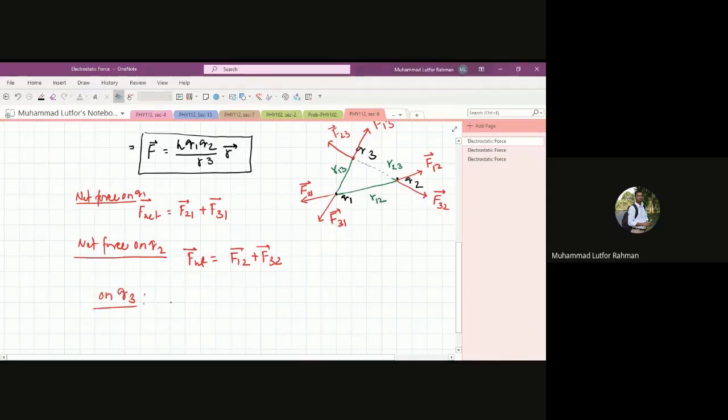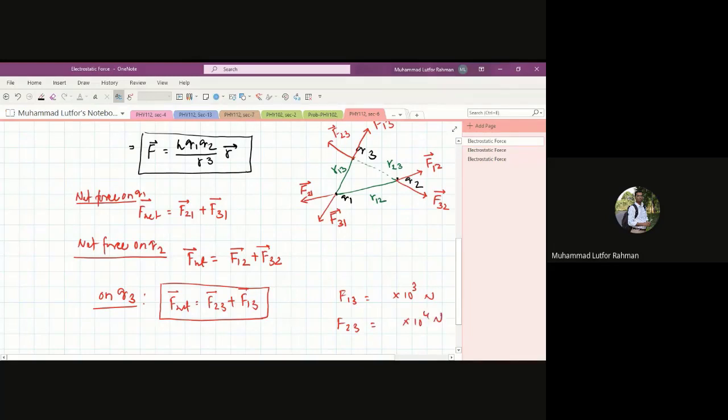Same way you can find the net force on Q3. F net would be F23 plus F13. We can add them only if I express them vectorially, otherwise not. Say you find the magnitude of F13 is something times 10 to the 3 Newton, and F23 is something times 10 to the 4 Newton.